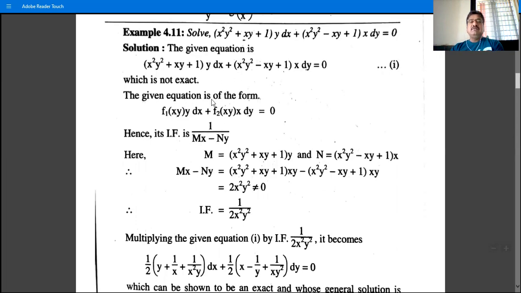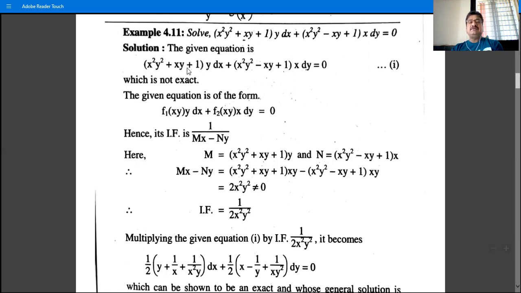So the given differential equation is of the form f1(xy). What is f1(xy)? Some function of xy. This is a function of xy, because each term of this bracket is a power of x into y: this is (xy)², this is (xy) raised to 1, this is (xy) raised to 0.